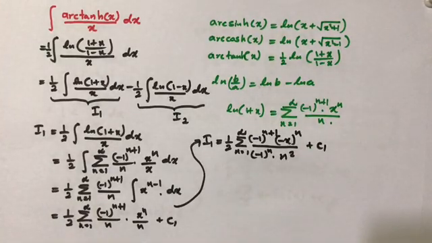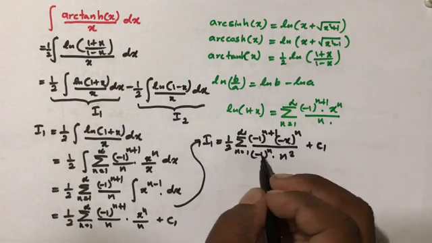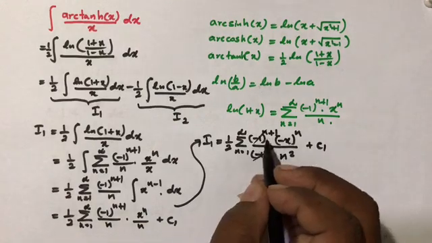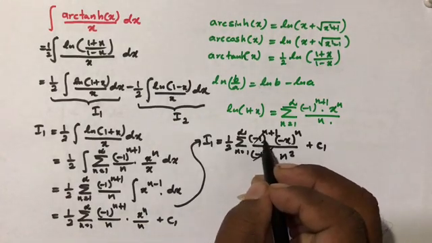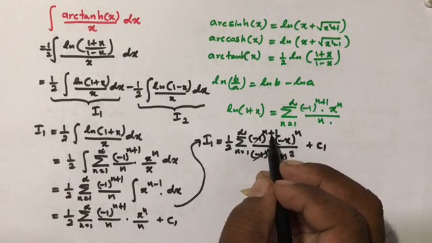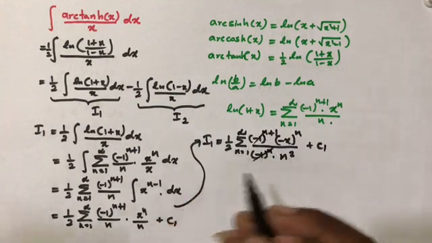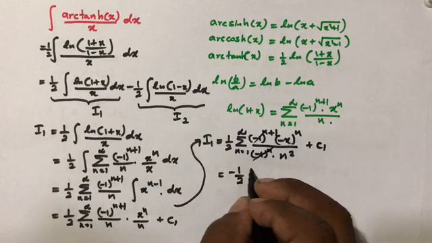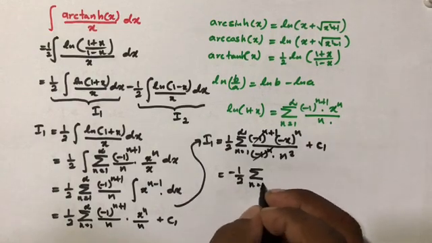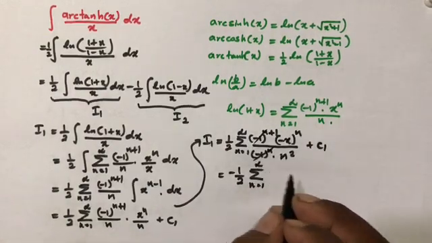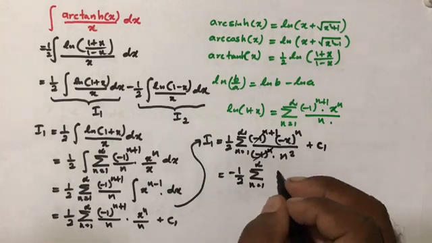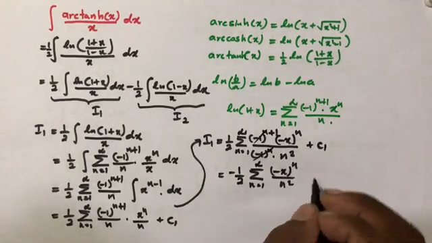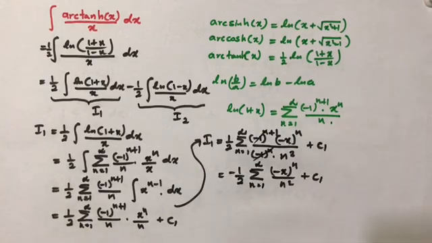Now we know this minus 1 to the n and this minus 1 to the n get cancelled, and here we will have minus 1 to the 1. So minus 1 to the 1 we know is always minus. So here now minus 1/2 infinite sum n equal 1 to infinity, now here we have minus x to the n power over n square plus c1.